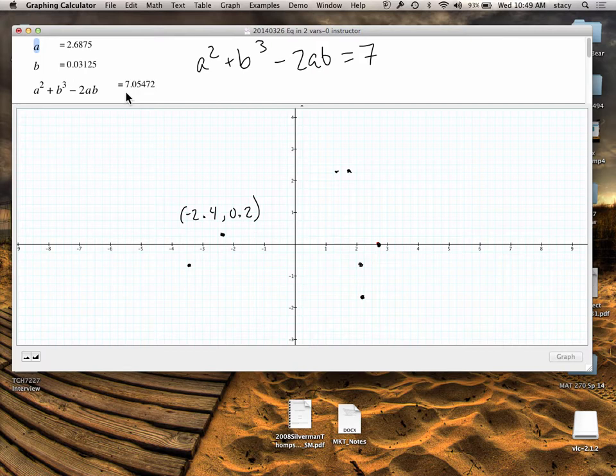And then I'm tracing around and figuring out when that value is 7. Right? But I want all of the pairs that would equal 7. How could I represent that?